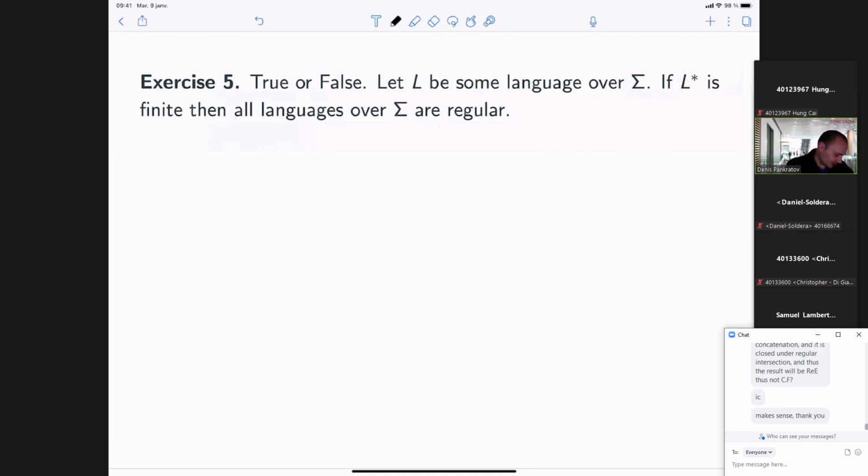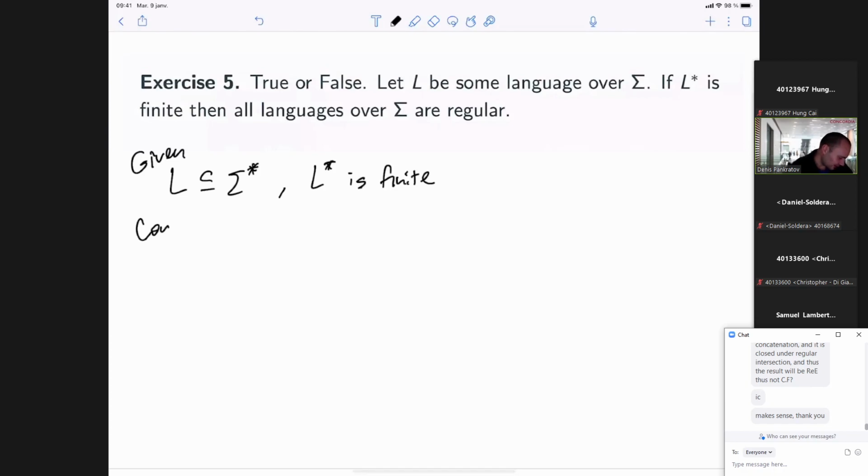You have a language L, which is a subset of sigma star, and this is what you're given. And what you're also given is that L star is finite. And the conclusion is that for every L prime subset of sigma star, L prime is regular.